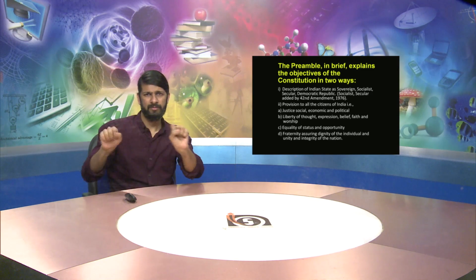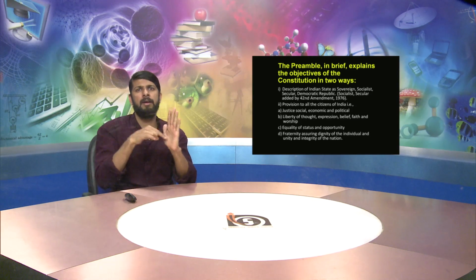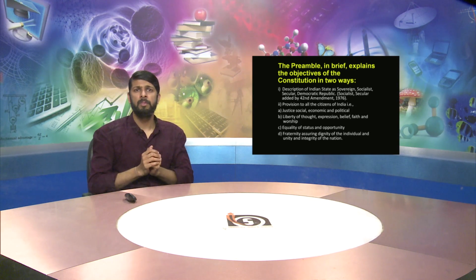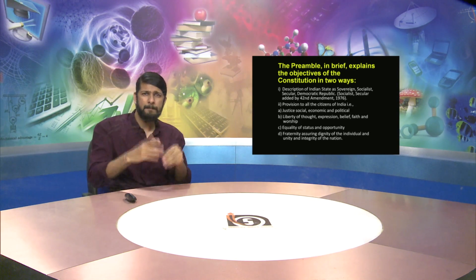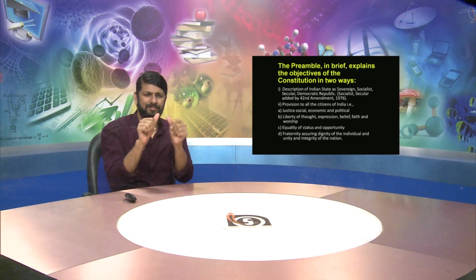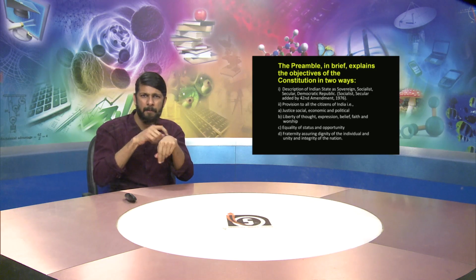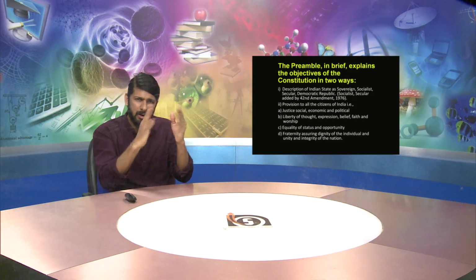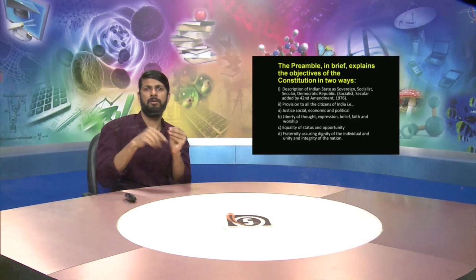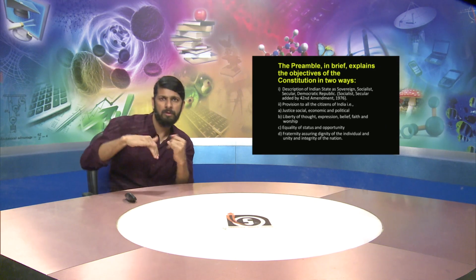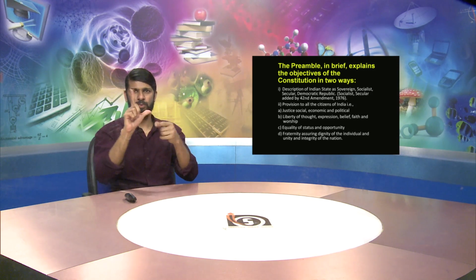First, the description of Indian states as sovereign, socialist, secular, democratic republic. Socialist and secular, these two words were added by the 42nd Amendment in the year 1976.